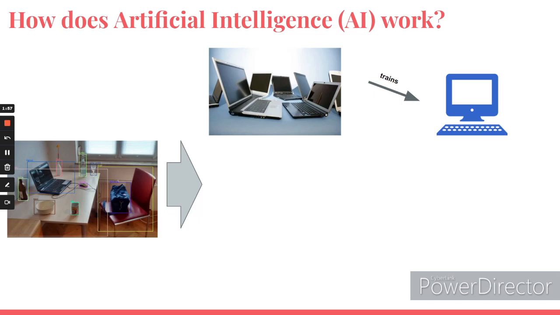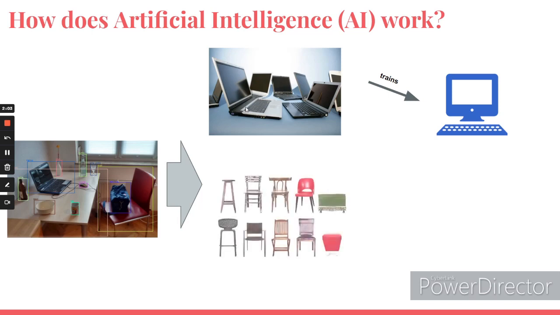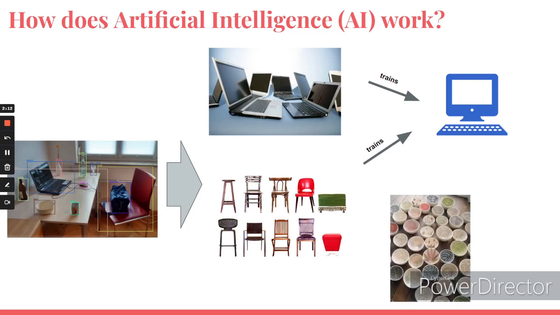So we need to train the machine with millions and millions of laptop images, all taken from different kinds of angles. And then we do the same with the other things in the picture. After this iterative process, the machine learns how to identify a chair and then all kinds of other things in the picture.